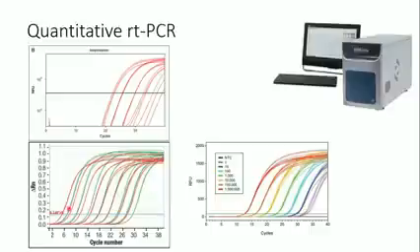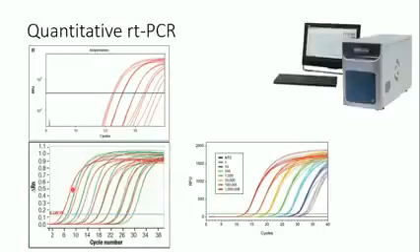So the curve which crosses the threshold line first is the sample which had the higher amount of DNA at the beginning of the PCR, and the sample which crossed the line late is the sample which had the least amount of DNA at the beginning of the PCR.